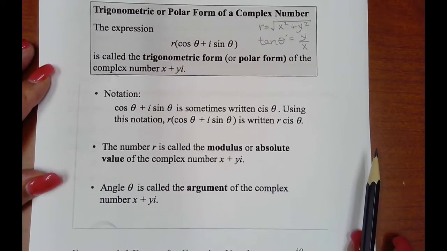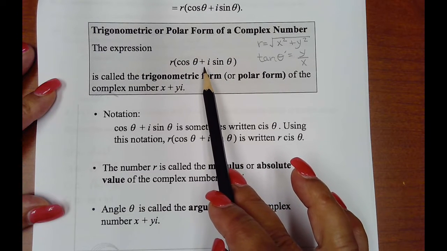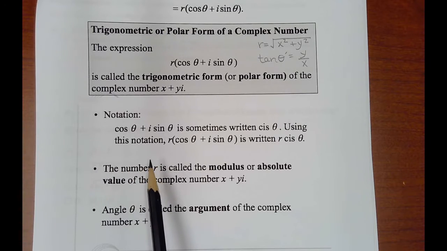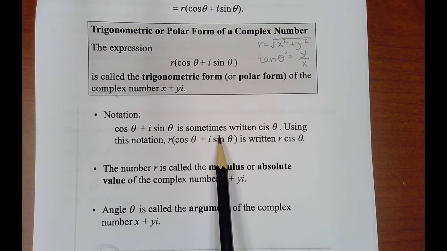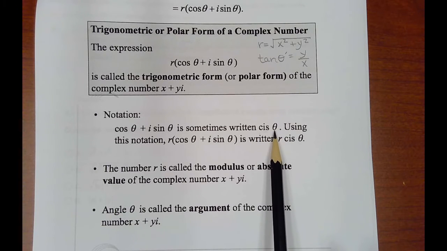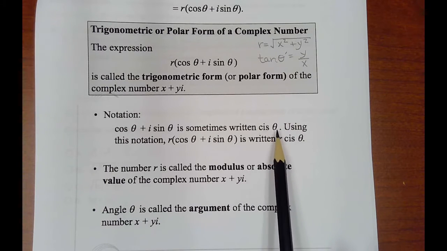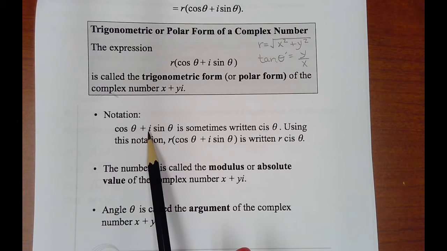Okay, these are just different notations of a trigonometric form complex number. I'm making a notation for you here that this cosine of theta plus i times sine of theta can sometimes be written in a shorthand form, which is called the cis form, and it's just a combination of sine and cosine. So you would write it with cis. If you see it as cis theta, that means that the theta belonging to cosine as well as sine is what you're seeing right here.